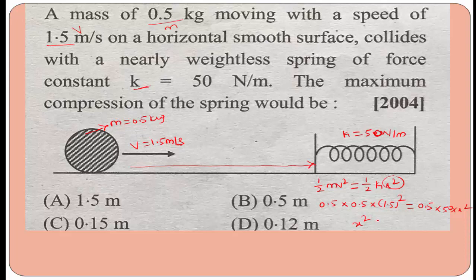Then x square is equal to 0.5 into 0.5 into 1.5 whole square, we get 0.25 into 2.25 divided by 25. Finally, when you calculate this problem, we get x is equal to 0.15 meter. Option C is the right answer.